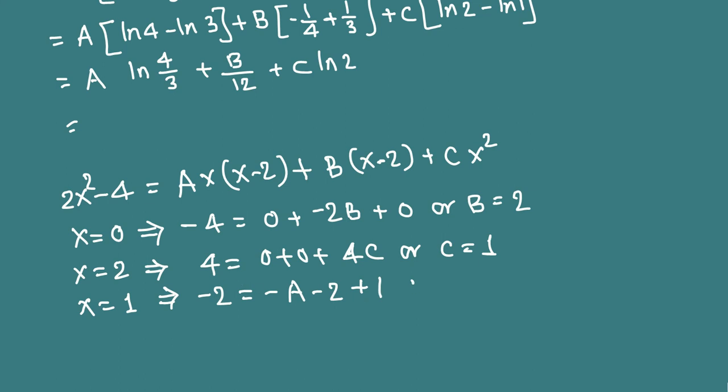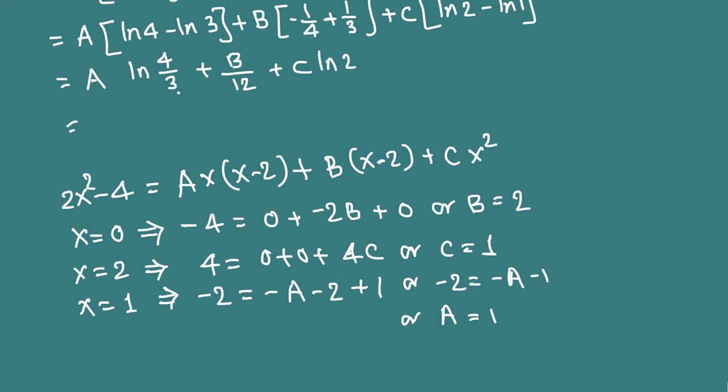Okay, that is negative 2 plus 1, negative 1. This is negative 1. Negative 2 equals negative a minus 1. Move negative a to the left, it becomes positive. Move this over, it becomes positive 2 minus 1, just 1.